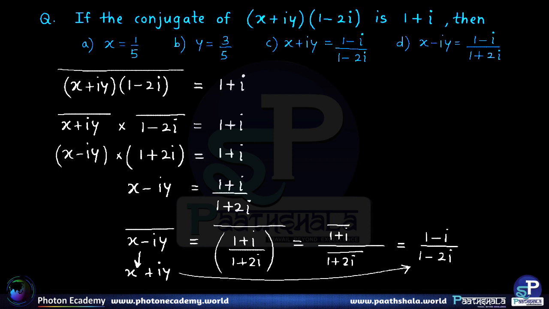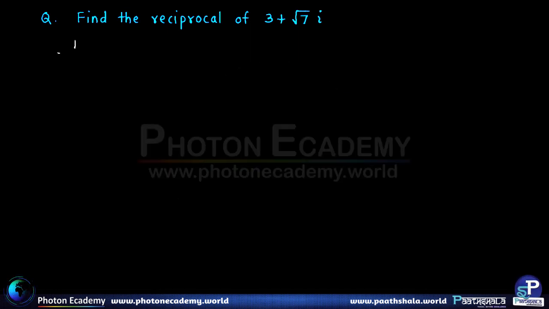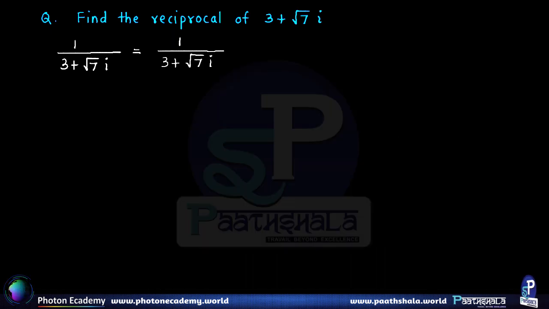Now let's go ahead and see another sum. We have to find the reciprocal of 3 plus root 7i. If we consider this number as z, we have to find the reciprocal, that is 1 upon 3 plus root 7 times i. Since the denominator is not purely real, we first make it purely real by multiplying and dividing by the conjugate of the denominator, which is 3 minus root 7i.